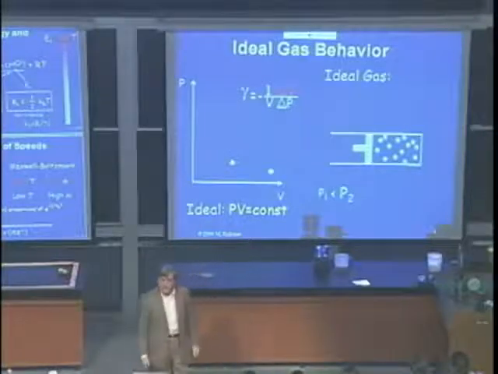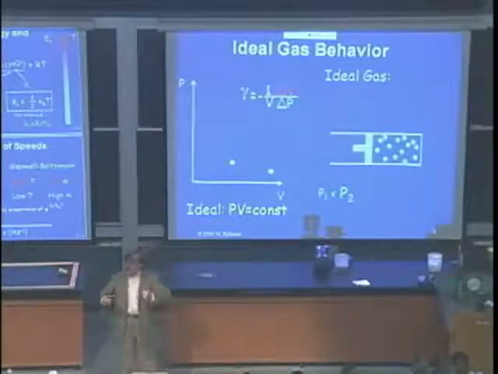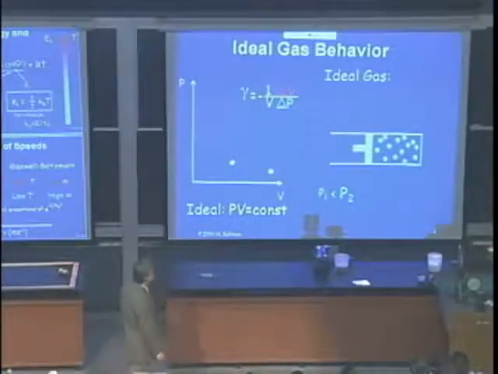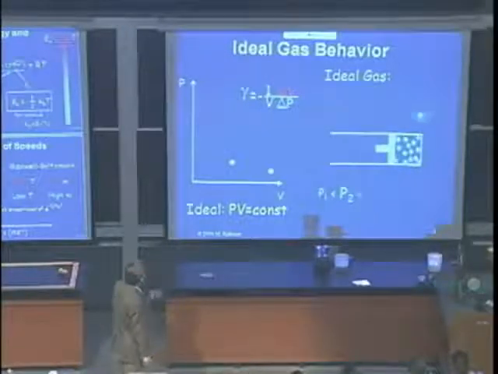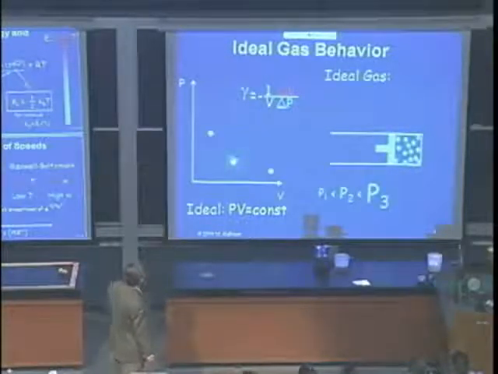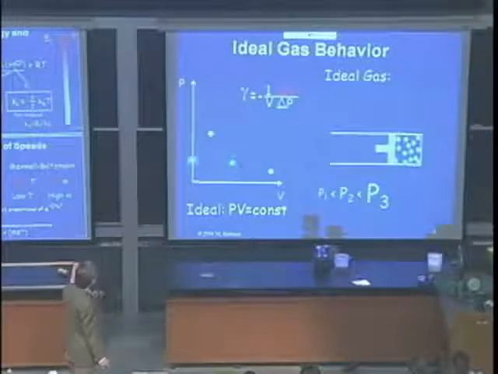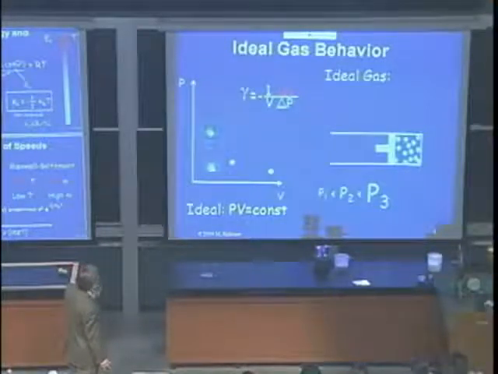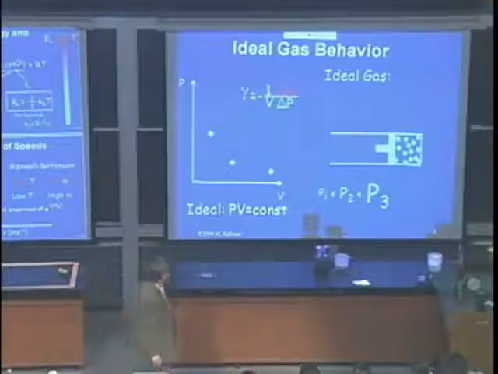So now you're going to push further in. You want to compress it more, okay, the compressibility. So now you have to push a little harder. You see that? This is your pressure here. To get this change in volume, you have to have this change in pressure. So you have to press quite a bit harder.